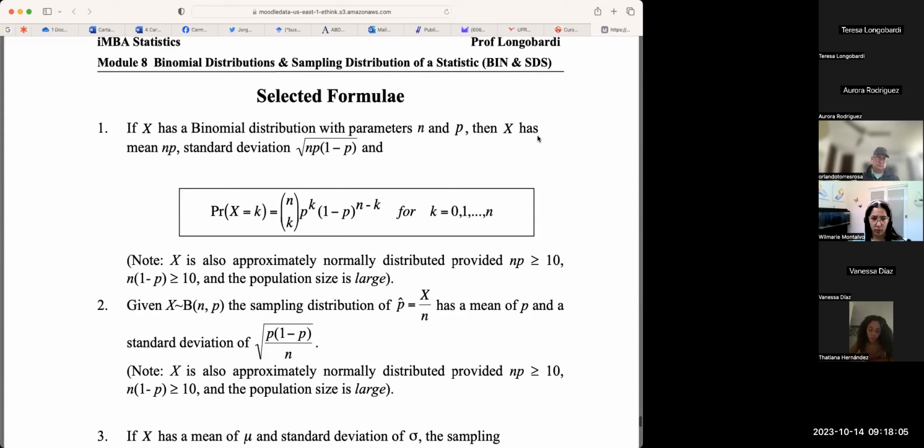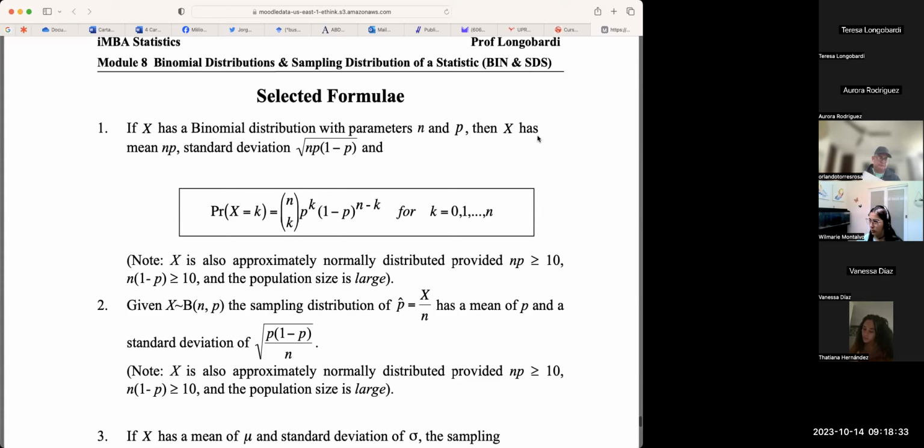Although the normal approximation of the binomial was not exact, I did show you a way to get an exact value using the continuity correction. To know that a binomial distribution is approximately normal, you have to verify that n times p is greater than or equal to 10, and n times 1 minus p is greater than or equal to 10.